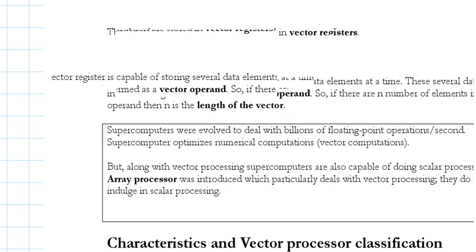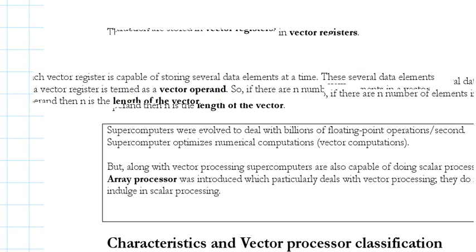This is the technical speciality of vector registers. Now, the several data elements in a vector register are termed as a vector operand. So, if there are n elements in a vector operand, then n is the length of the vector, right? That means if you recall the previous example where we added 10 numbers in a single go parallelly, in that case the length of the vector was 10.